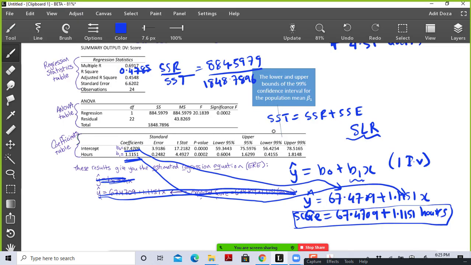We know SST is 1848.7896 and SSR is 8845979. So then plus SSE, and you can use some algebra to find the SSE value.